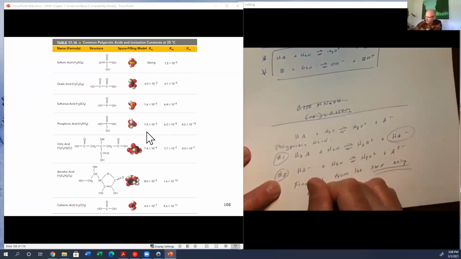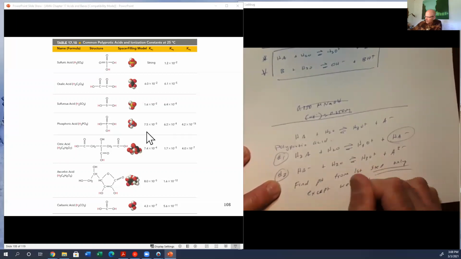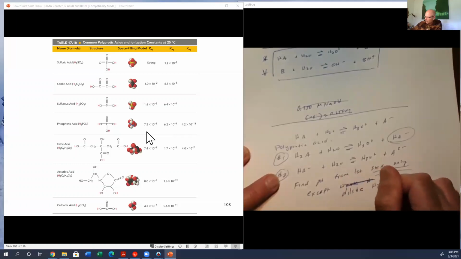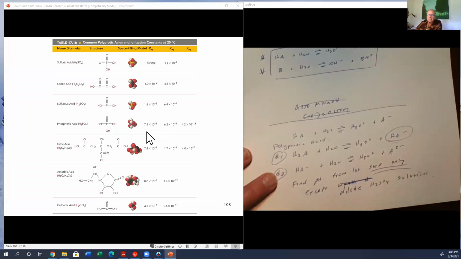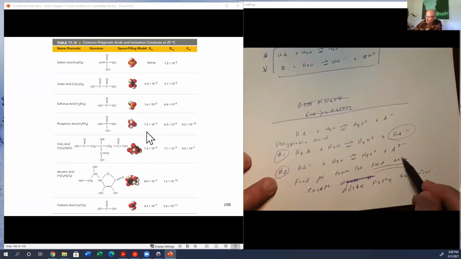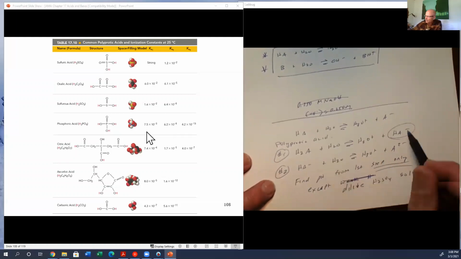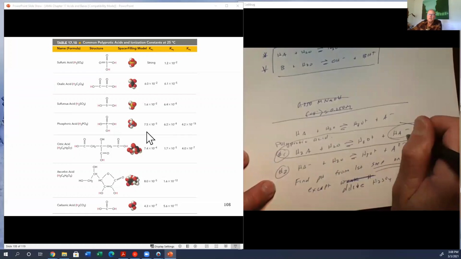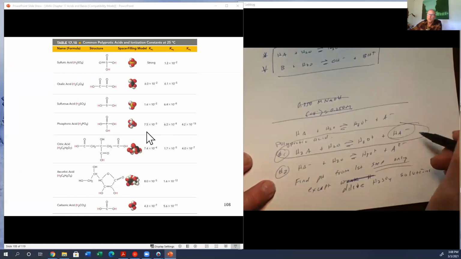Okay, except for dilute H2SO4 solutions, which we will not be doing in this class. We won't worry about that. So in other words, for a polyprotic acid, just treat it like a weak acid and look at the first step, and that's all you've got to do. So just work an equilibrium problem for the first step.